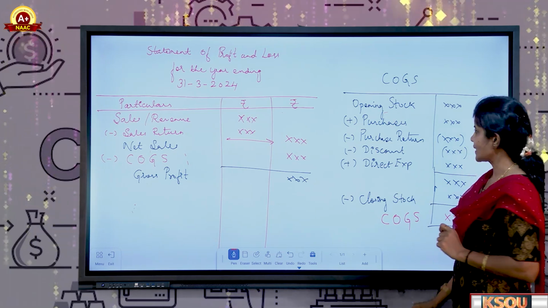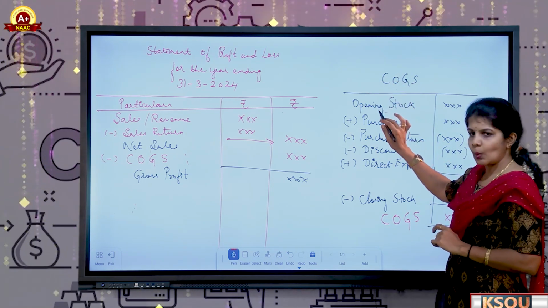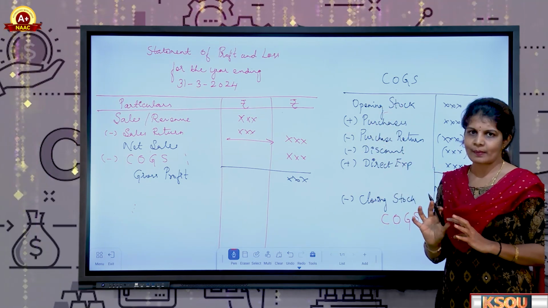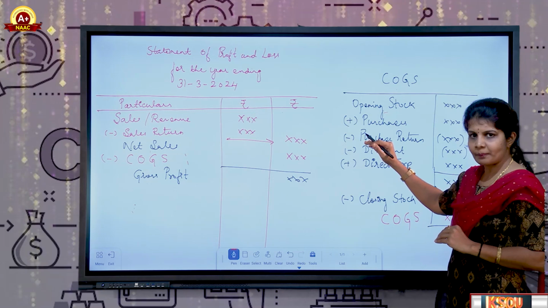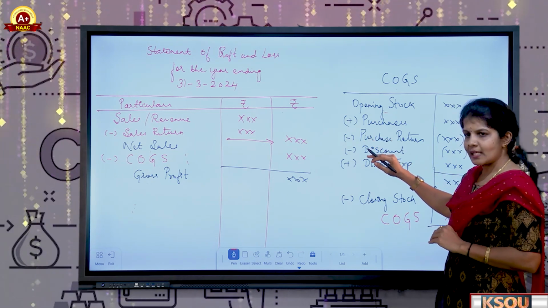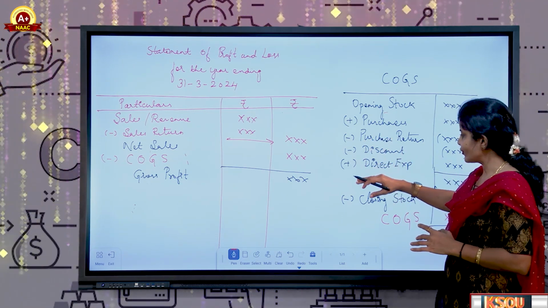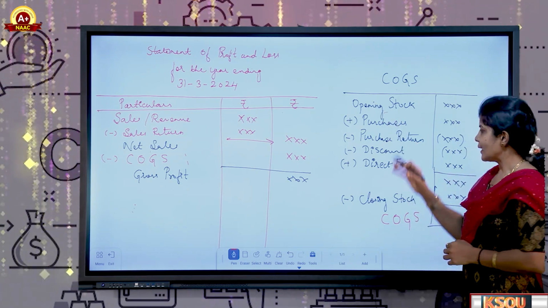I will repeat once again. To calculate the cost of goods sold, we need to take opening stock. For this opening stock, we have to make some adjustments, additions and deductions. Add purchases, deduct purchase return, any purchase discount and any purchase allowances, and for that we need to add back the direct expenses.